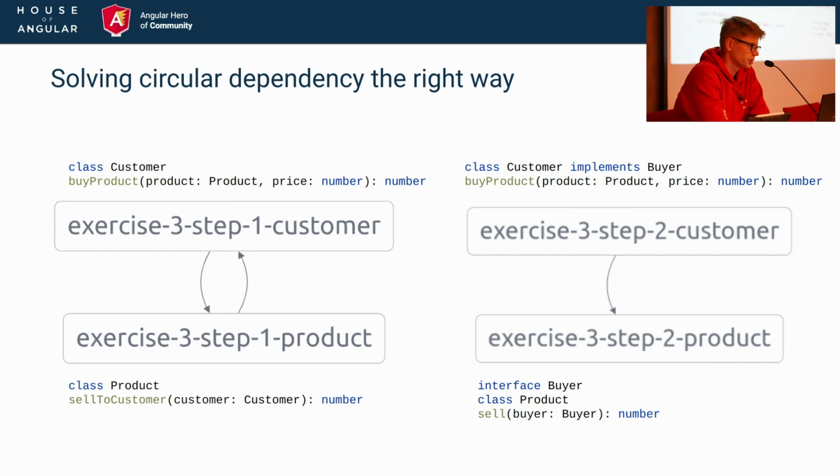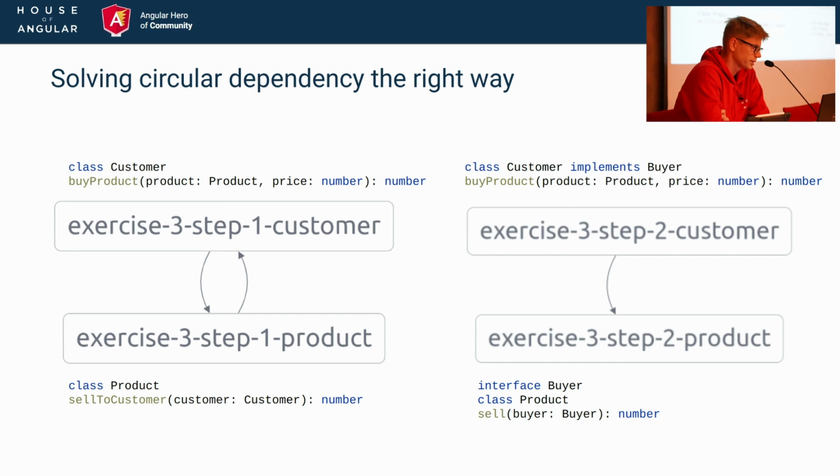And what we achieved here, which can be used in Angular, is that you can see how the dependency inversion works in solving the problem of circular dependency. In the first example, the first step of this refactoring process, we had the circular dependency between two libraries.